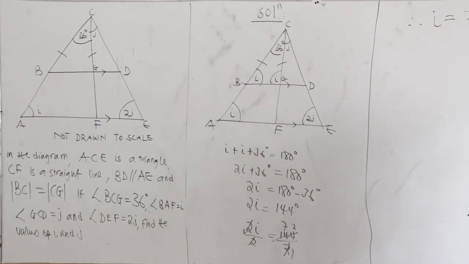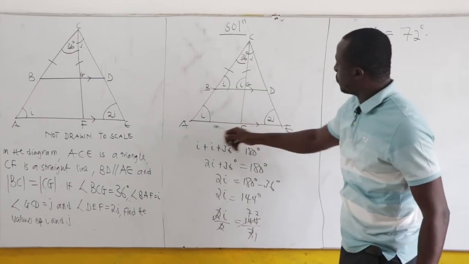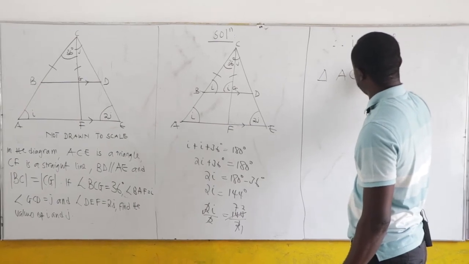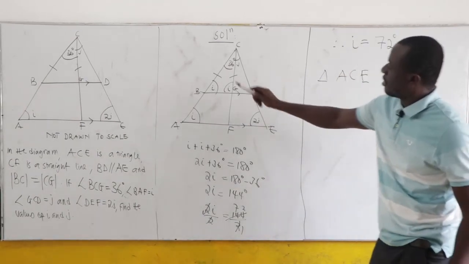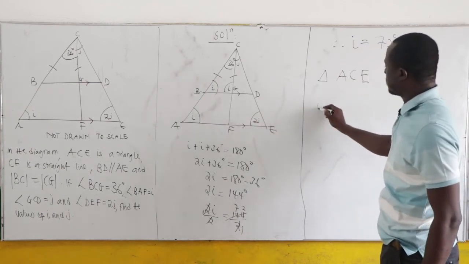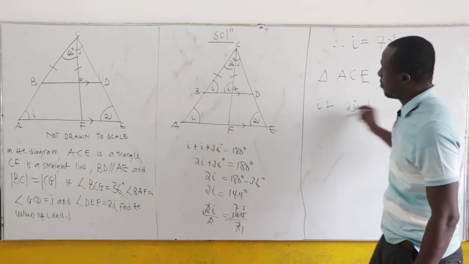Now I want to find J. Let's consider triangle ACE. The angle here is I. What's the angle here? We have 2J. What's the angle here?